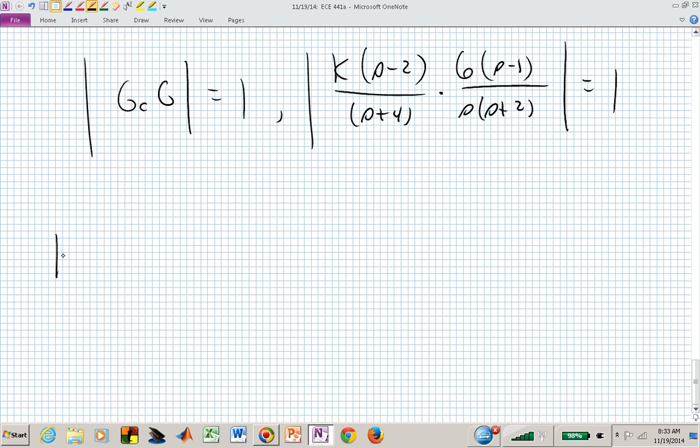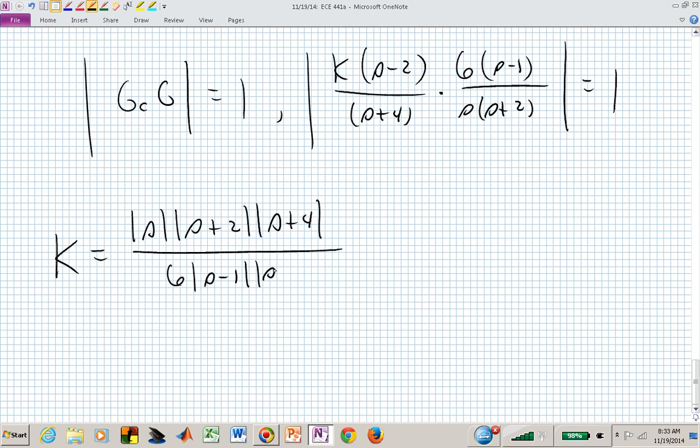I can now solve that for K, and I have the magnitude of S, the magnitude of S plus 2, the magnitude of S plus 4, all divided by 6, S minus 1, S minus 2. And I said, oh, let's look at one of the closed loop poles being at -1. So let me evaluate that for a gain to get me to a point S equal to -1.